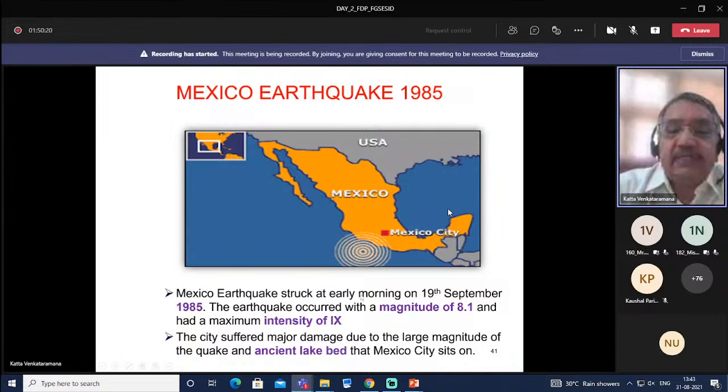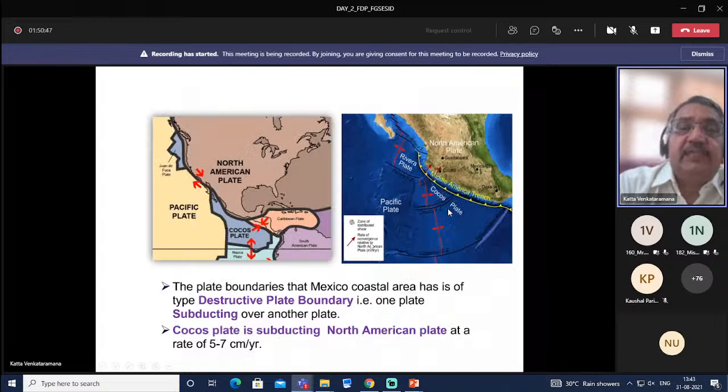The Mexico earthquake struck in the early morning on the 19th of September 1985, with a magnitude of 8.1 and maximum intensity of 9. The city suffered major damage due to the large magnitude of the earthquake and also the ancient lake bed that Mexico City sits in. The epicenter of the earthquake is quite far from Mexico City.